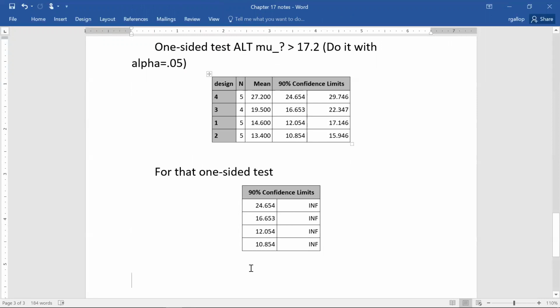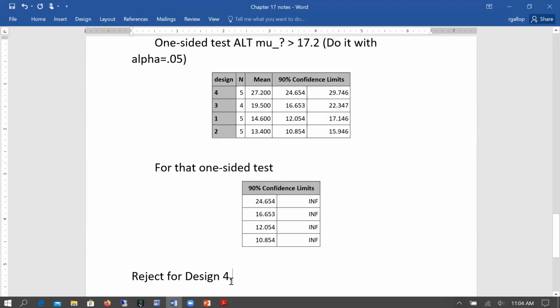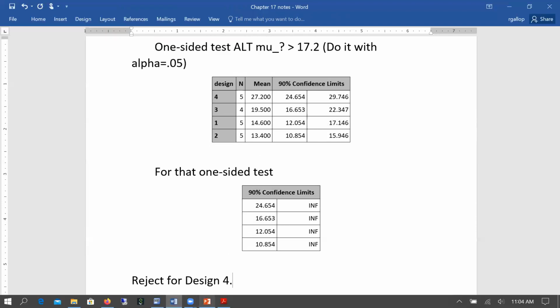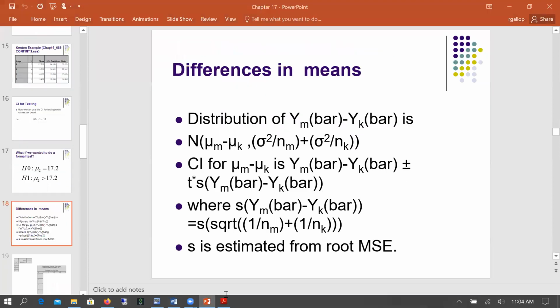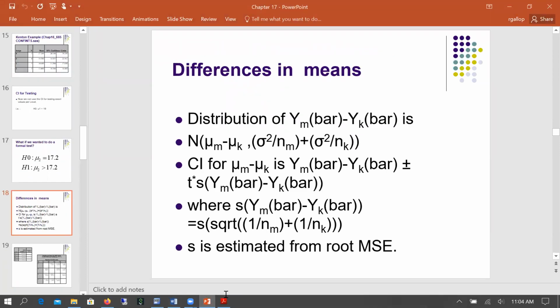So for this alternative, we reject for design 4, right? Not design 3, not design 1, and not design 2, because for all those confidence intervals, 17.2 is inside. So that's one of the benefits of the one-sided confidence intervals, being able to do that.